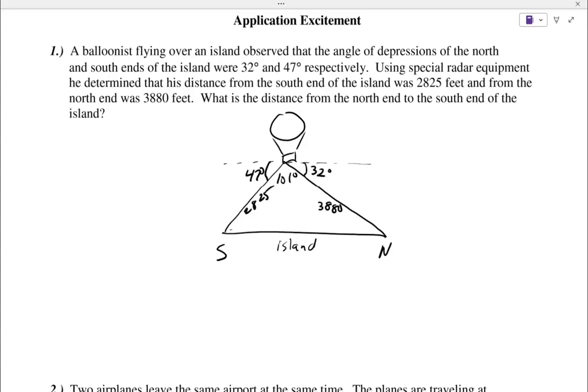All right, we're looking for the width of the island. What would we use to figure out the width of the island? Yeah, it'd be the law of cosines, right?